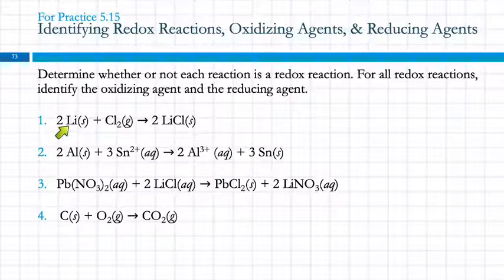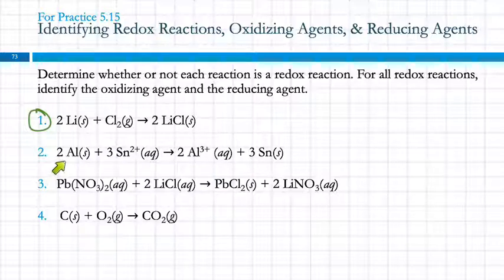Is it a reaction between a metal and a non-metal element to form an ionic compound? Yes, it's a redox reaction, because here I had lithium atoms, here I have lithium ions. Chlorine atoms, chlorine ions. Actual electron transfers are taking place. Or I could assign oxidation states to everything and see if something is changing. That would tell me also.